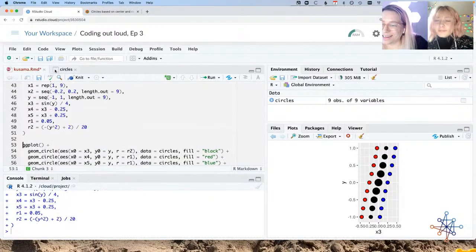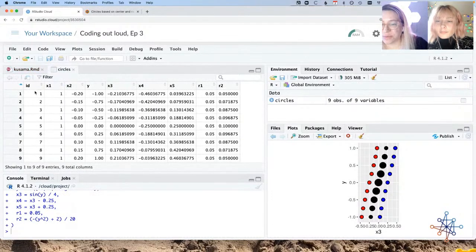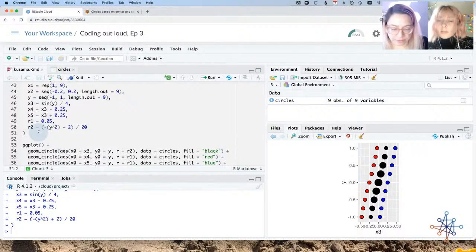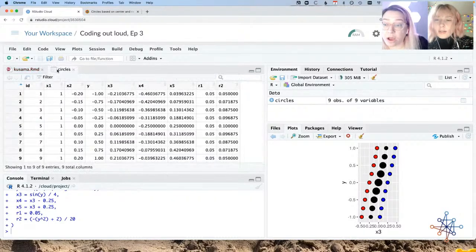Okay, let's try that again. So that we can say if ID is 1, do something. Let's just try it. But our ID ones may or may not be at the top or at the bottom of our plot.